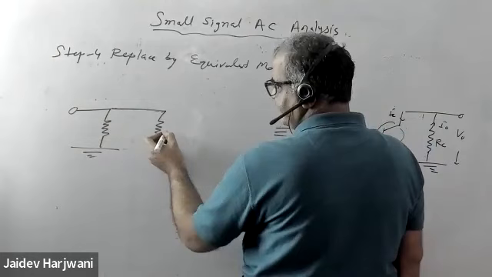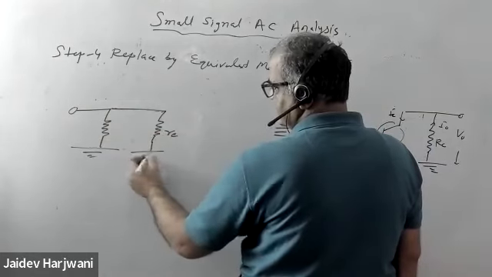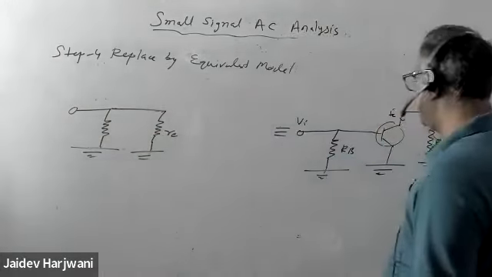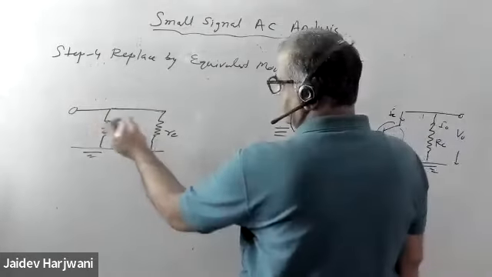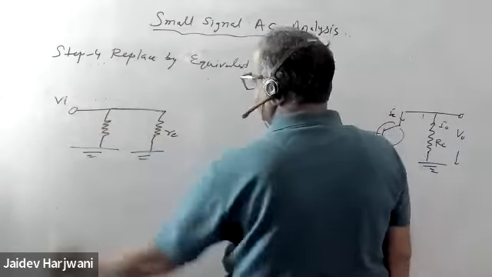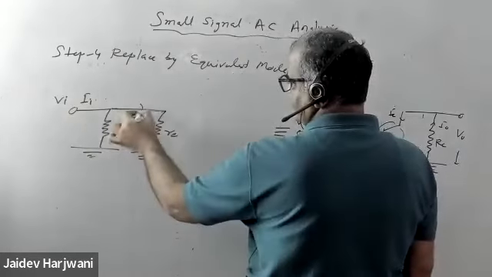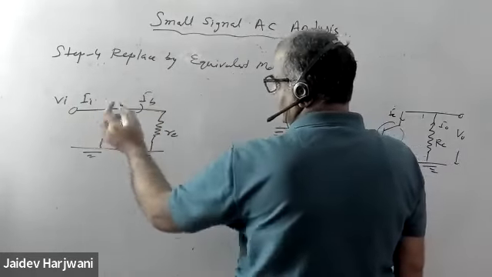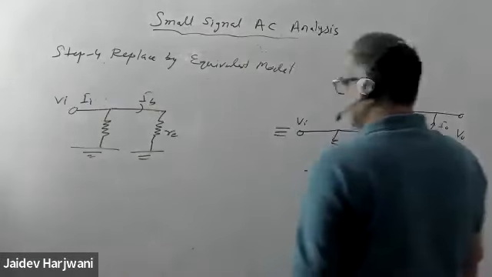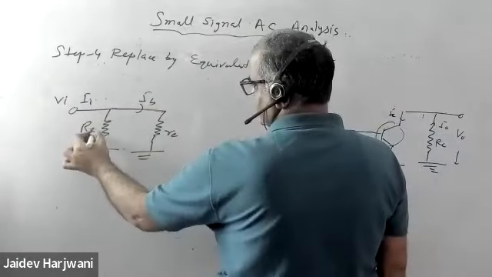It's really very simple. Once you replace it by resistance, the story is over. Here V input is there, giving an I input current, and the current flowing here should be IB. And here you have the RB resistance.